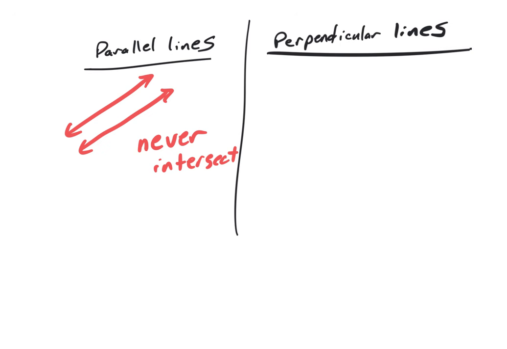What would be the dead giveaway if I look at two equations? How would I know that they are parallel? They have the same slope. Parallel lines have the same slope.